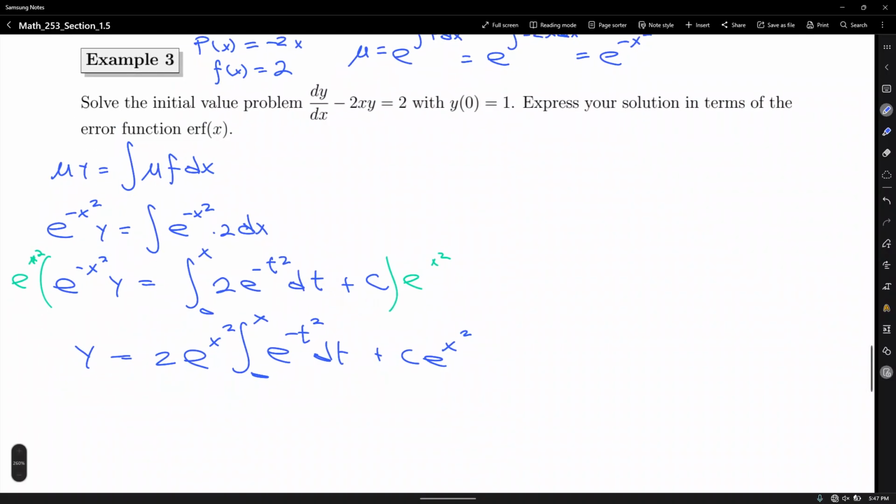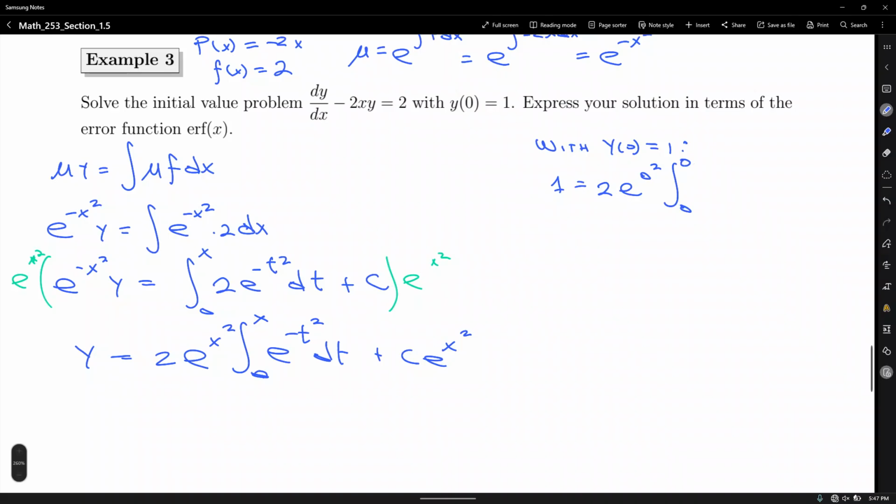Well, this is only the general solution. Let's get the particular solution. This is where it gets a little weird. I'm going to go on the side and evaluate. With y of 0 equals 1, we have 1 equals 2 times e to the 0 squared, times the integral from 0 to 0.